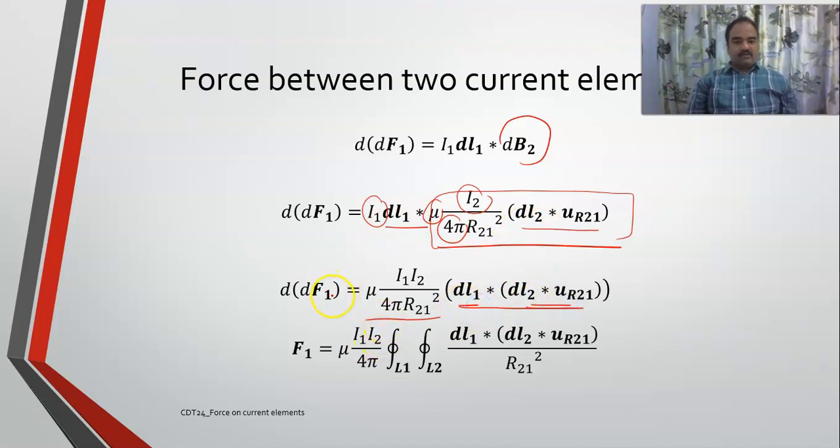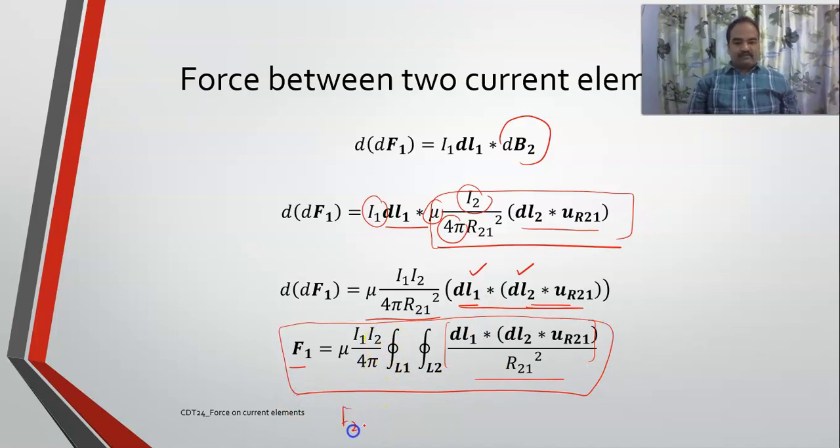Now if I want to integrate it, what should I do? I have two elements which are to be integrated. So F1 is equal to the integral over L1, the integral over the length of the second coil L2, of this entire expression. R also will be varying with respect to L, so I have taken it inside the integral. This is my final equation. This is the force between two differential current elements.